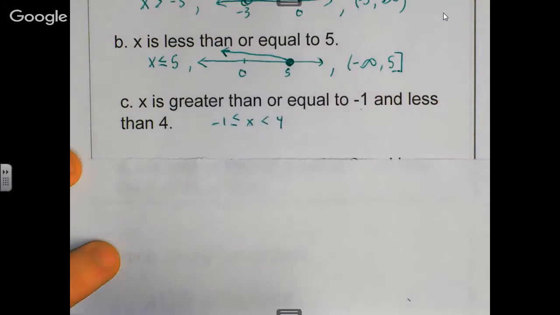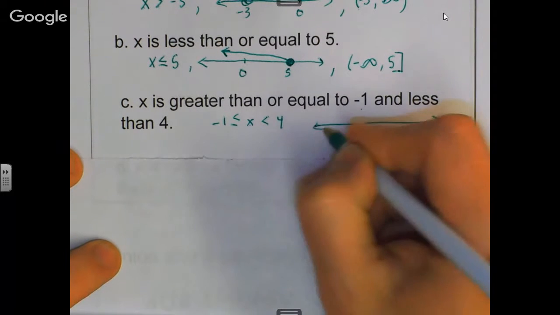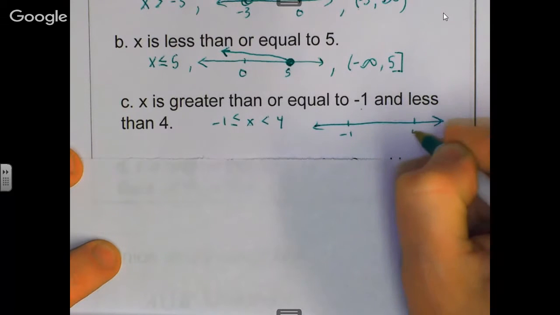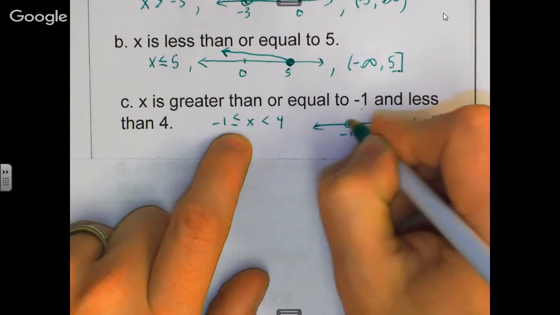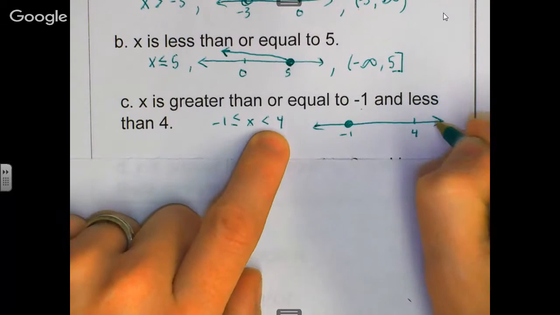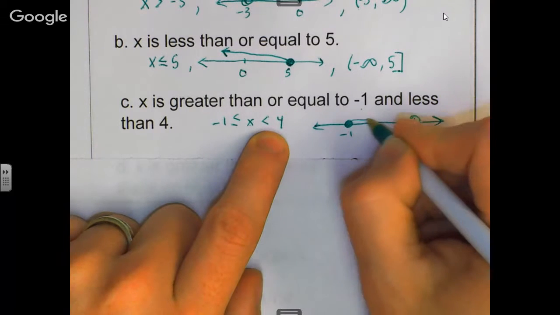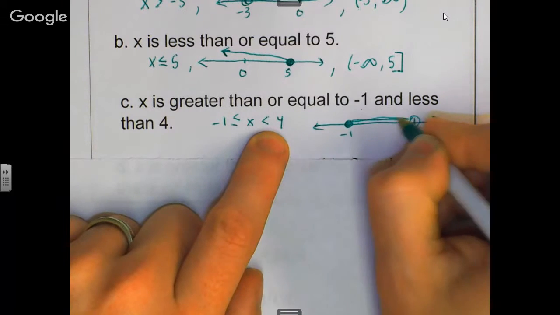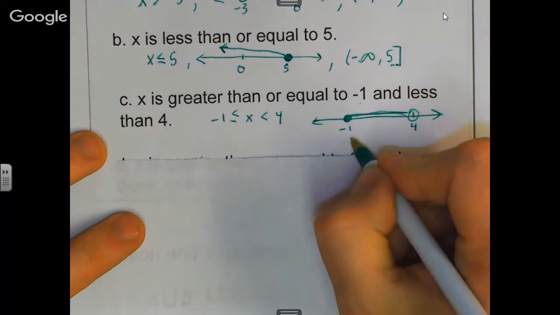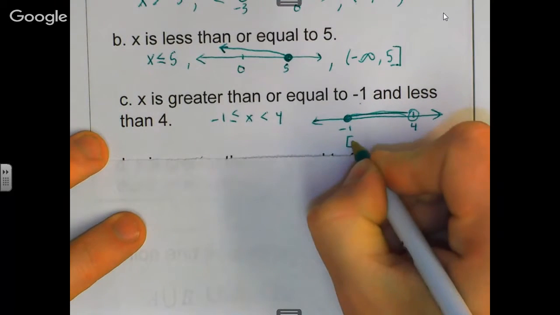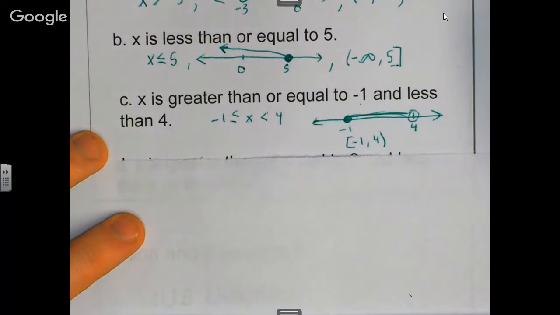Then on my number line, my two numbers are -1 and 4. It can be equal to -1, so we put a closed circle there, and it has to be less than 4, so I put an open circle, and we want all the numbers in between. So there's your graph. Your interval now would be bracket -1, comma 4, parenthesis, just based on that graph.